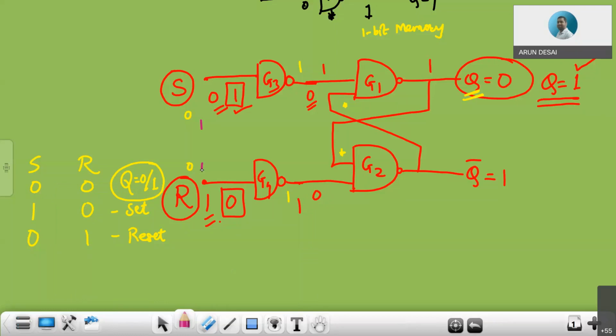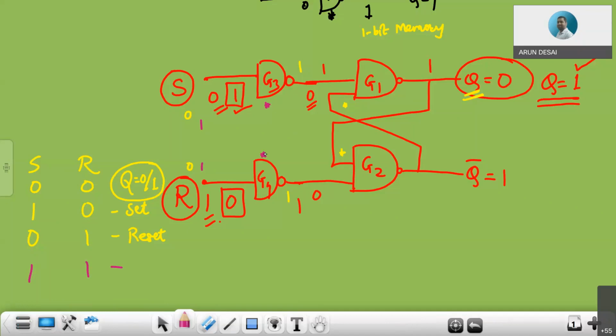So suppose S is also 1 and R is also 1. In that case, this is an inverter, and this is also an inverter. If the value is 1, what is 1 inverted into?